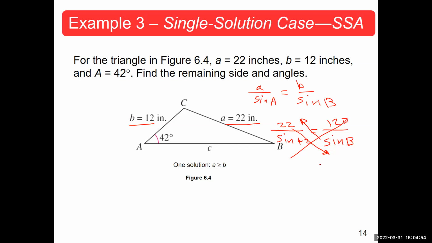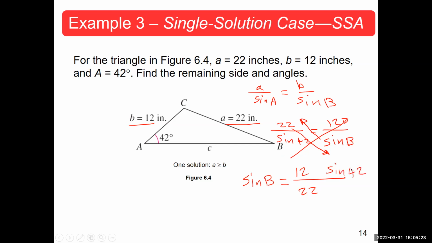It's not complicated. So I'm moving sine of B to the top left, equals. I'm moving the 22 to the bottom. The 12, I'm not touching it. I'll leave it alone. 12 is still in the place. So I move the 22 to the bottom. Then I move the sine 42 to the top.